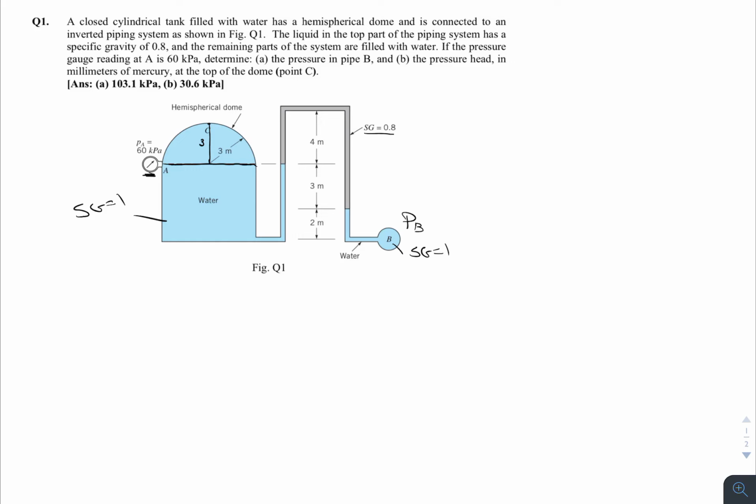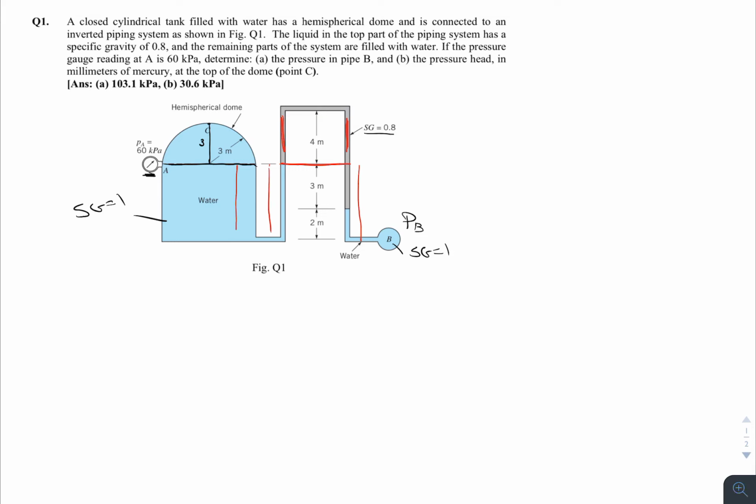And straight away we can draw the first one. We can say that across this distance here, this red line, the weight of the grey fluid acting here is equal to the weight of the grey fluid acting there. They're in equilibrium. It's a balance. Okay. Well, if that's balanced, then the other sides are balanced as well. So this side must be balanced with this side, which must be balanced with this side.